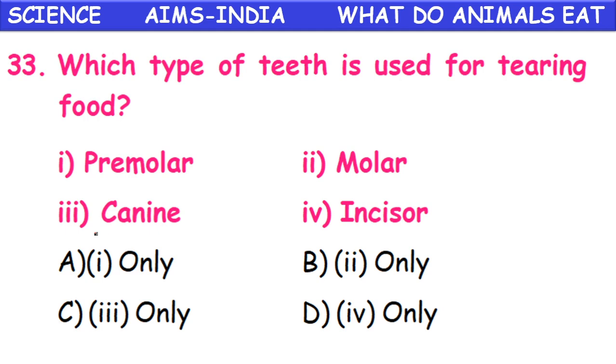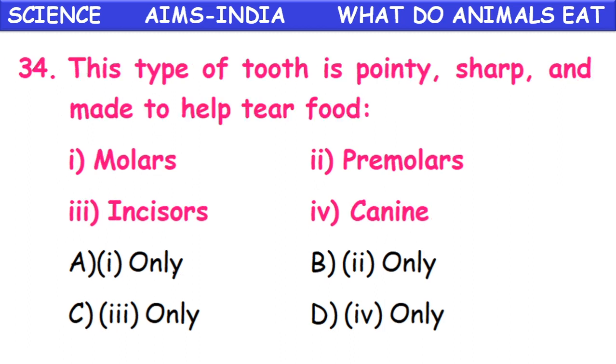Which type of teeth is used for tearing food? Premolars, molars, canines, incisors. Which one? Tearing. Tearing is canines, only.